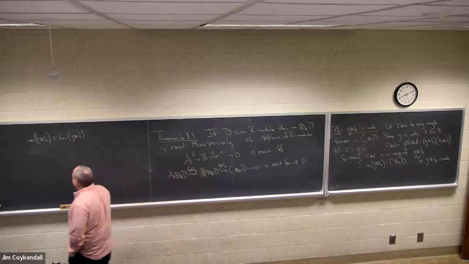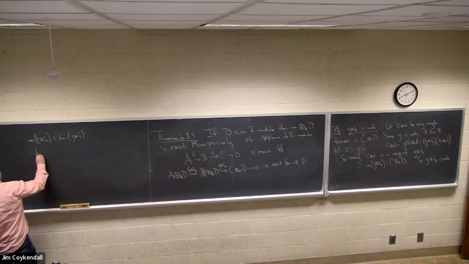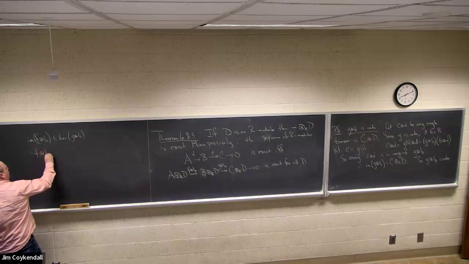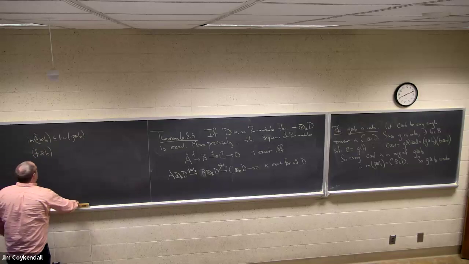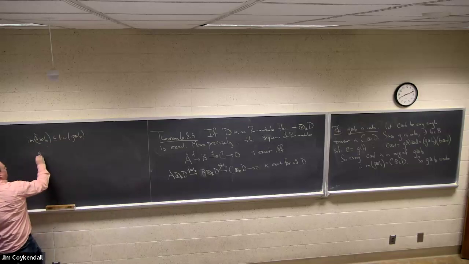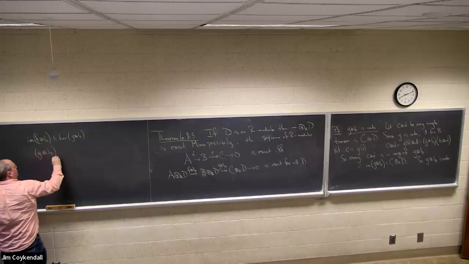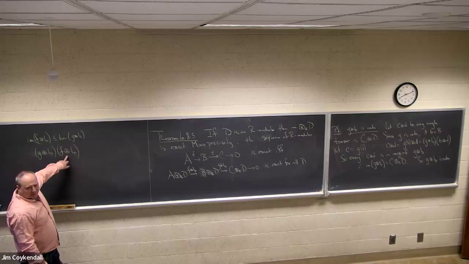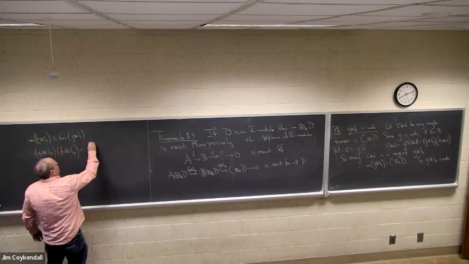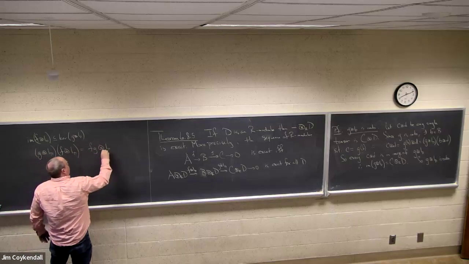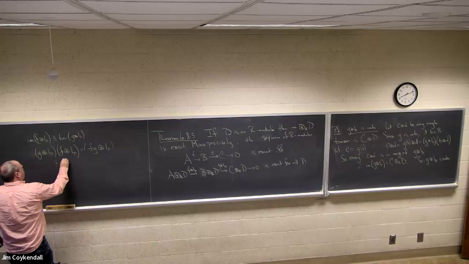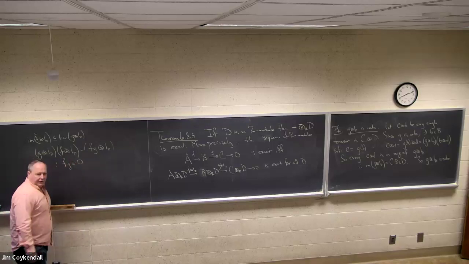So notice that if I do F tensor 1, then G tensor 1, this is (G tensor 1) composed with (F tensor 1), and GF is the zero map.